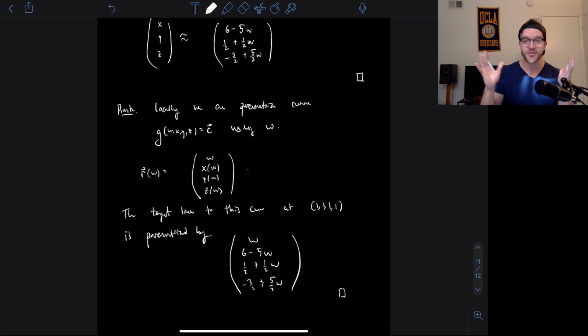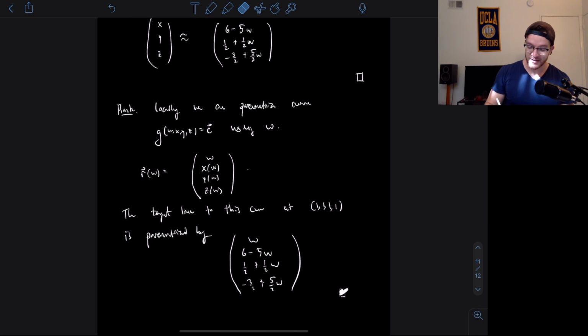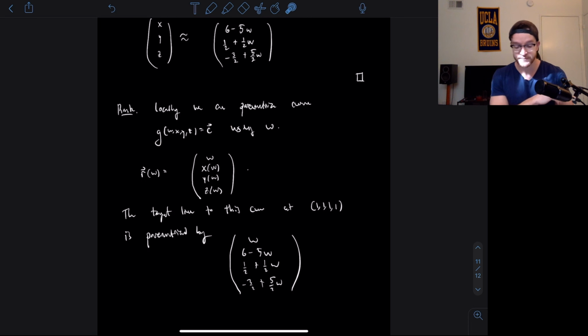So again, all of this makes sense. Everything's tied together, and in this sense you can think about this implicit function theorem stuff as a generalization for finding tangent objects to given geometric things cut out by systems of equations. Anyway, implicit function theorem's great.